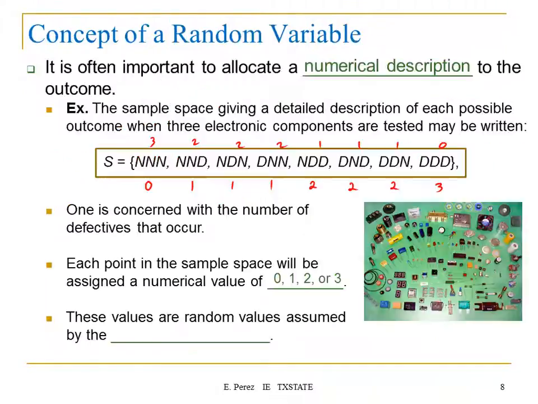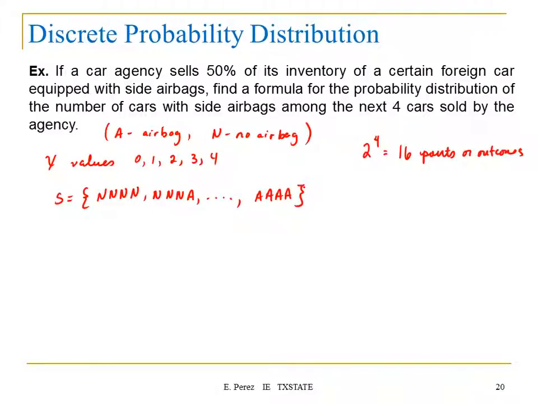The last outcome tells you that all of them have airbags. So you know that you have 16 points in your sample space. That should give us an idea of how to compute the probability.